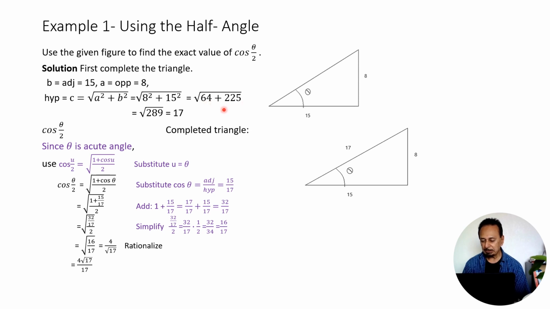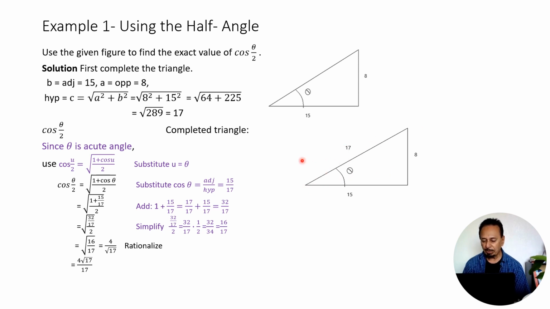We add these two numbers, which comes out to 289. So now we have the square root of 289, and this is a perfect square equal to 17. So now put this 17 here and now we have a completed triangle. The adjacent is 15, opposite is 8, and hypotenuse is 17.